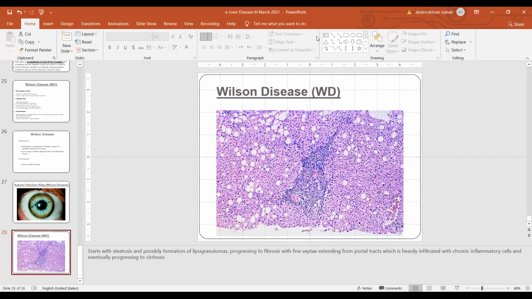Exactly. They receive all the input, but when it comes to the contraction process, it has to happen with the myofibroblastic cells. In this case, it is the Ito cells. The Ito cells are also, I believe, the site of storage of one of the vitamins, right? Which vitamin is that? Do you guys know? Vitamin A. Vitamin A, that's right.